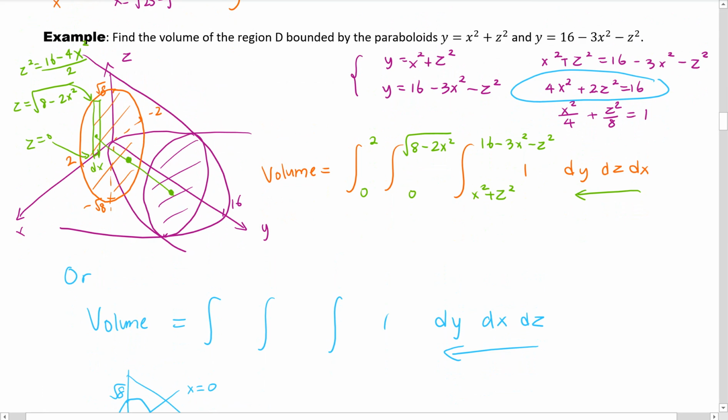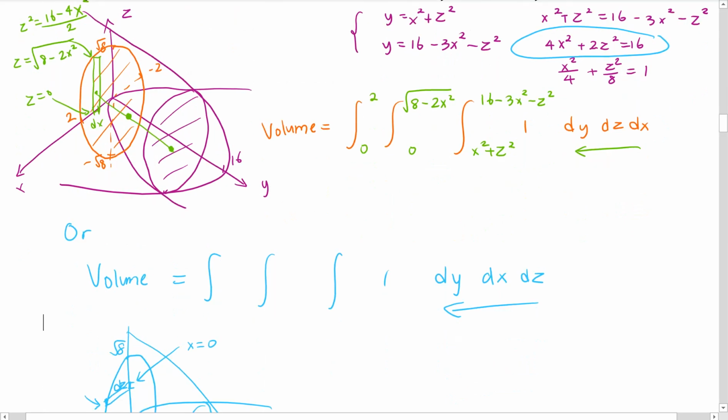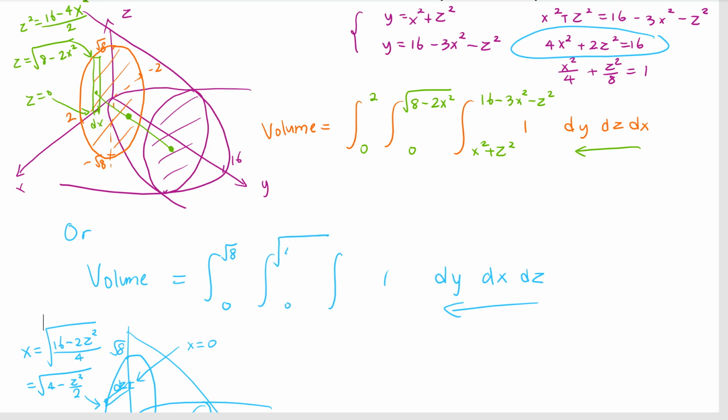So solve for x. x squared is 16 minus 2z squared divided by 4, and then take square roots. So x is the square root of 4 minus z squared over 2. Oh, my z and 2 look similar. So z is from 0 to the square root of 8, and x is from 0 to the square root of 4 minus z squared over 2.